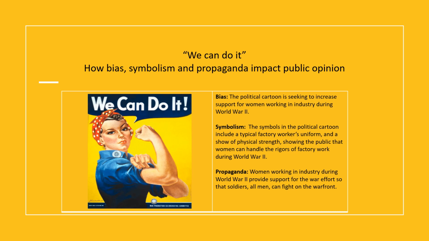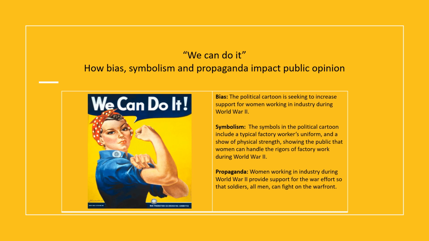And women working in industry provide support for the war effort so that soldiers, all men, can fight on the war front. So that's the propaganda piece, to get us to change our minds, to act differently, versus to oppose women working in the factories.